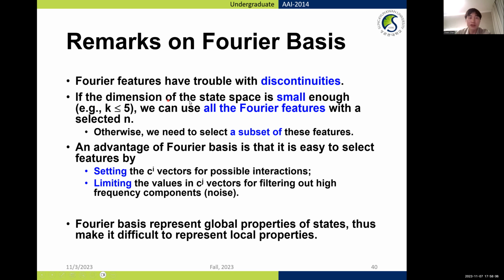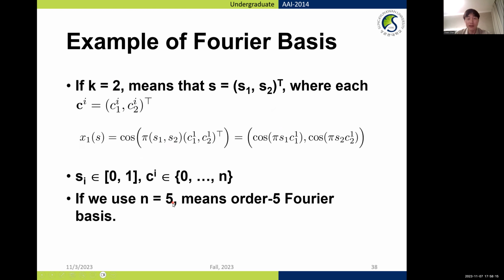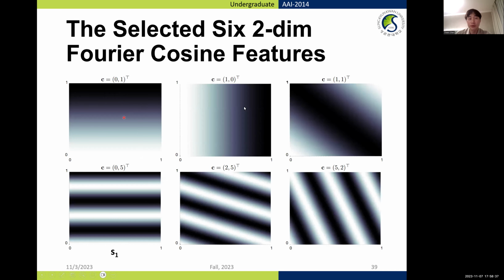If the dimension of the state space is small enough, we can use all of the features with a selected n. As shown here, if n equals 5 and the number of states is 2, we can have 2 times 5, 10 combinations, so we can have these 10 graphs.